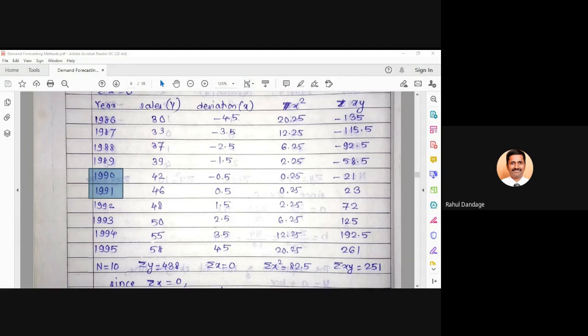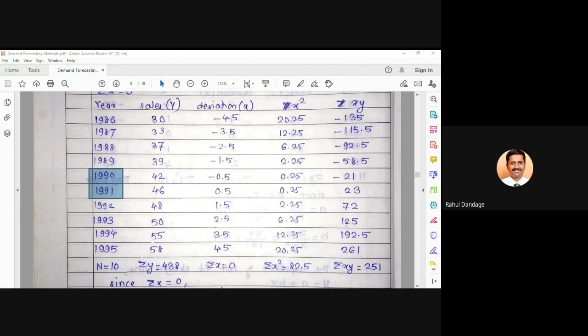Correct? What is the center between 1990 and 1991? It is nothing but 1990.5, the central value. Means our origin is at 1990.5.